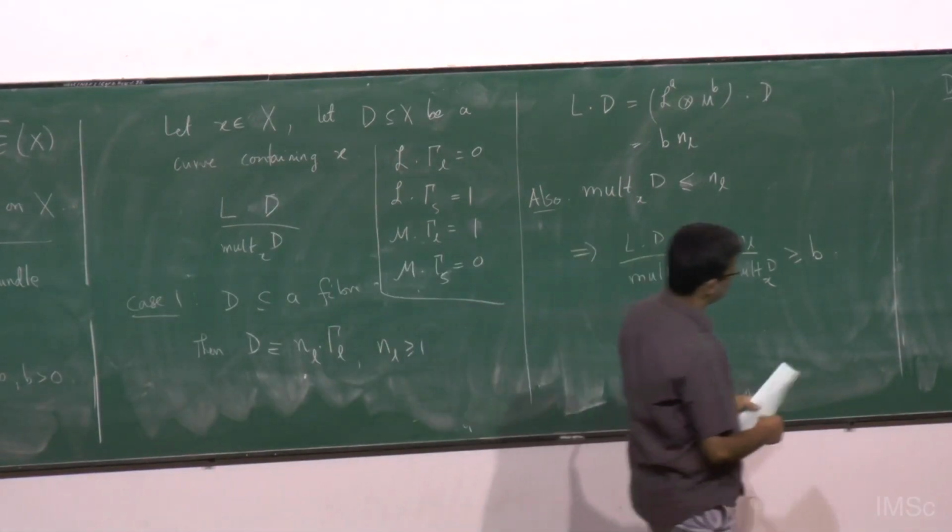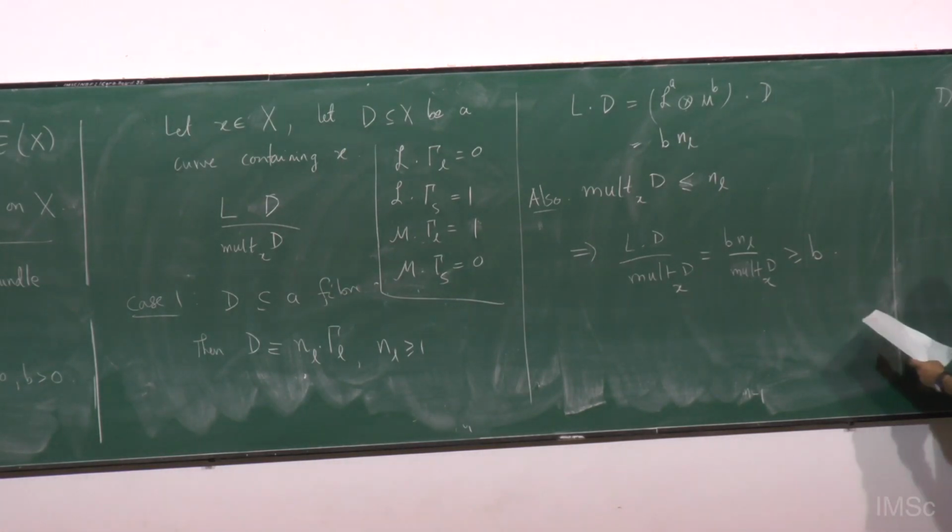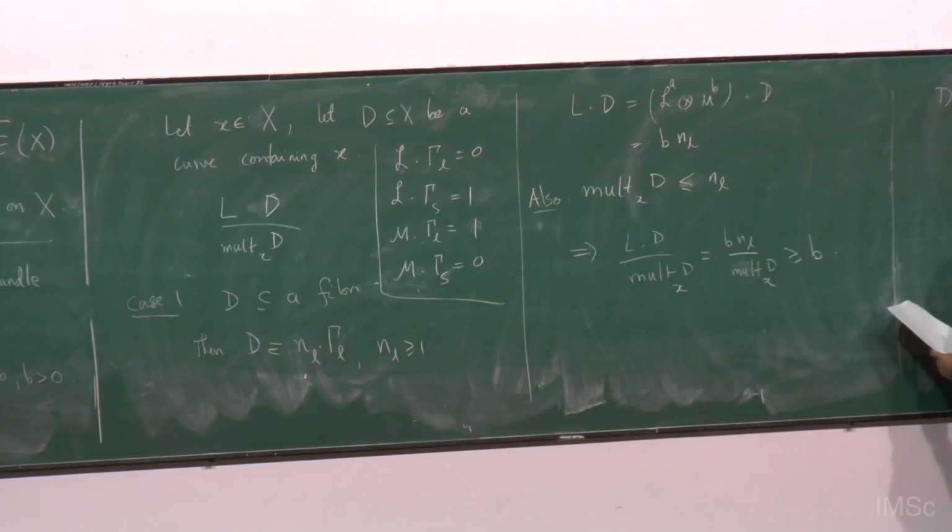And similarly, we can do something for curves that are not contained in a fiber. So let me just take 2 minutes. Suppose D is not contained in a fiber. So this is the second case.